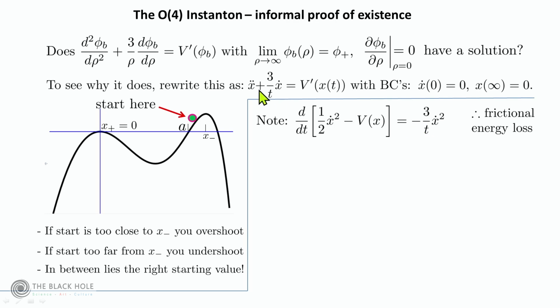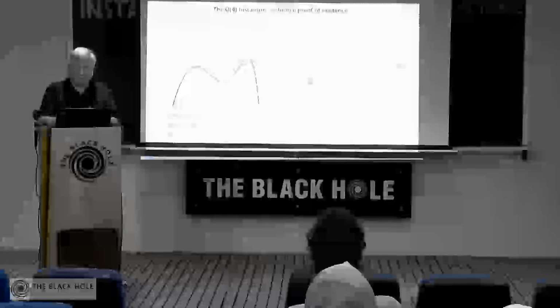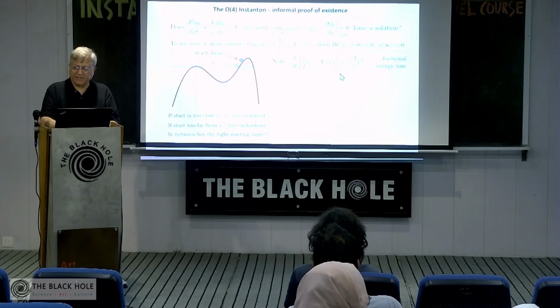I'm basically just rearranging it. If you differentiate this, you get 2, which cancels this half, x double dot, and that's the thing over here, etc. Or you could start backwards, shift the potential and the friction term elsewhere, and then realize you can take the time derivative common. So it's just a simple identity.